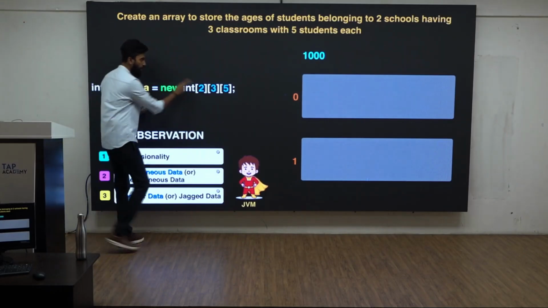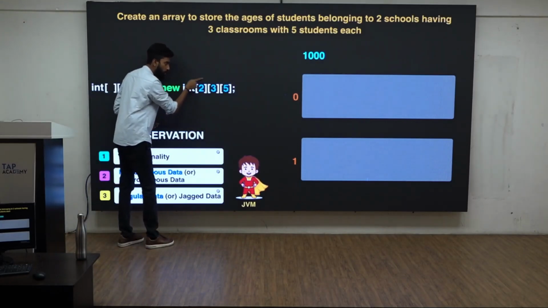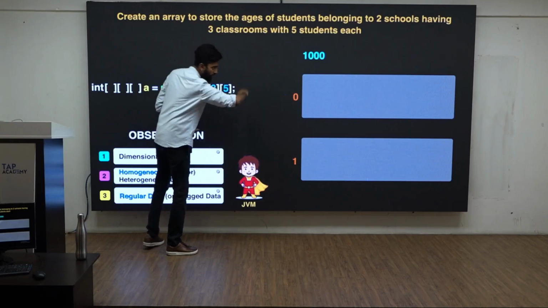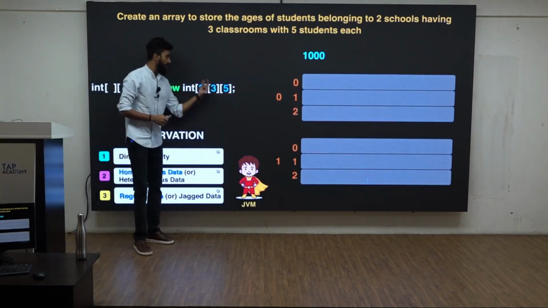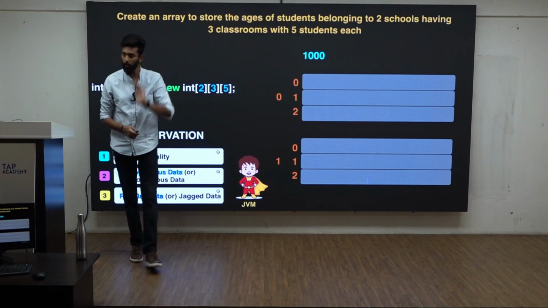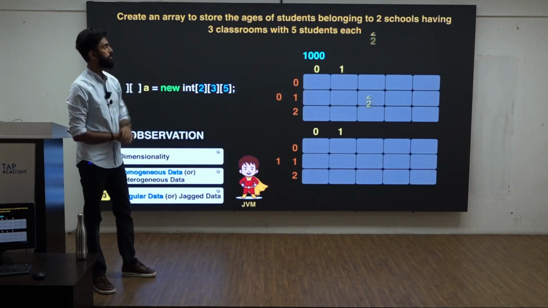How you should see it is, 2 schools are ready. Inside every school, how many classrooms? 3 classrooms. Inside every block, how many rows? 3 rows. Split everything into 3 rows. Understood? Okay, sir. Inside every row, how many columns? 5 columns. Inside every class, how many students? 5 students. However you read, it is the same. It splits it into 5 columns and gives indexes.